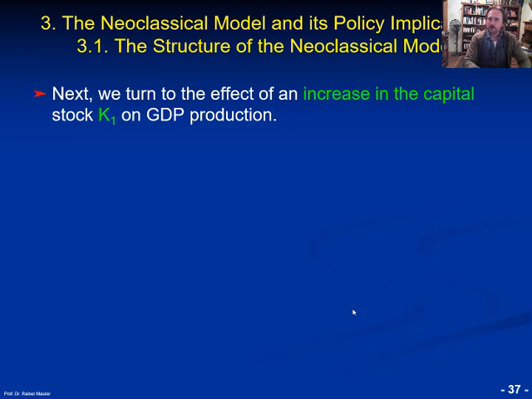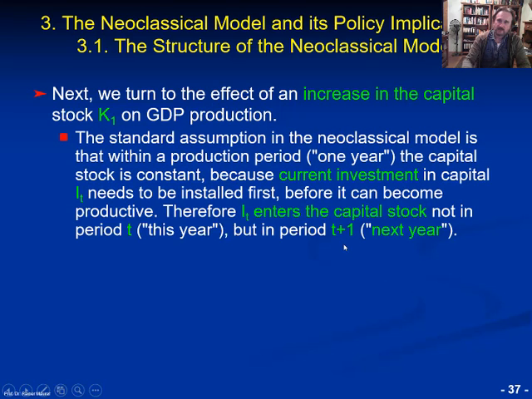Next, we turn to the effect of an increase in the capital stock K1 on GDP production. The standard assumption of the neoclassical model is that within a production period, which is typically 1 year, the capital stock is constant because current investment in capital needs to be installed first before it can become productive.